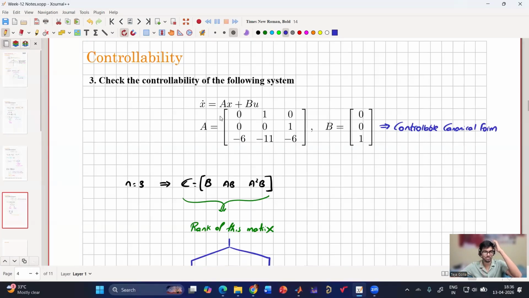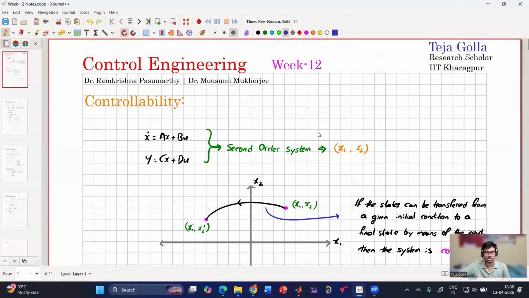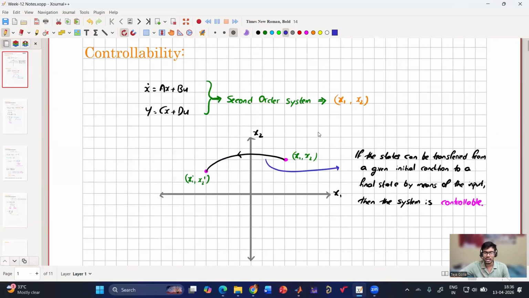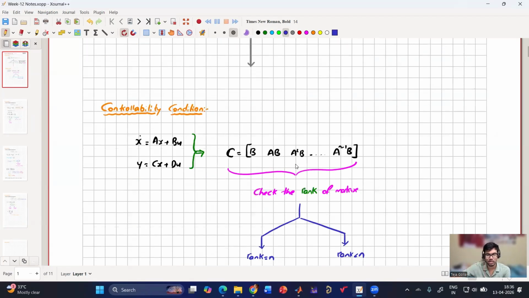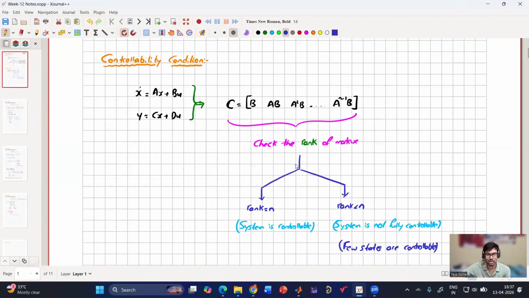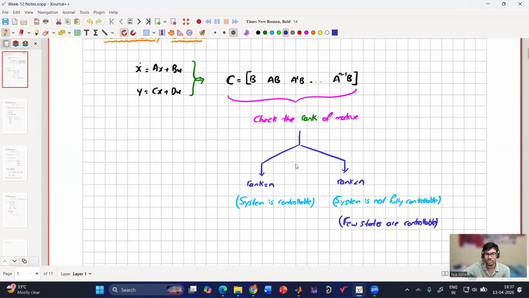So just to quickly summarize before we move further, controllability is when we can control the state and make sure that they transfer from one initial condition to a final condition by means of the input. To check that, we have to check the rank of the controllability matrix. If it is equal to n, then all states are controllable. If it is not, then only a few states are controllable.